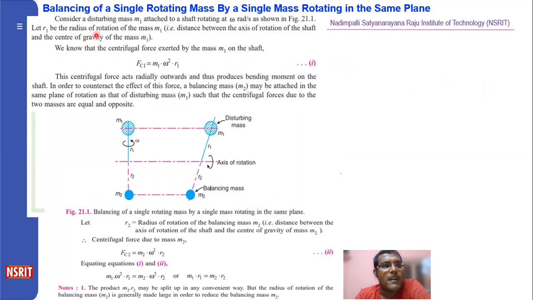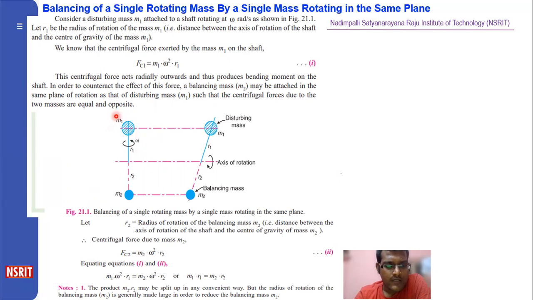Let us see the balancing of a single rotating mass by a single mass rotating in the same plane. See this figure. Here we have mass M1.